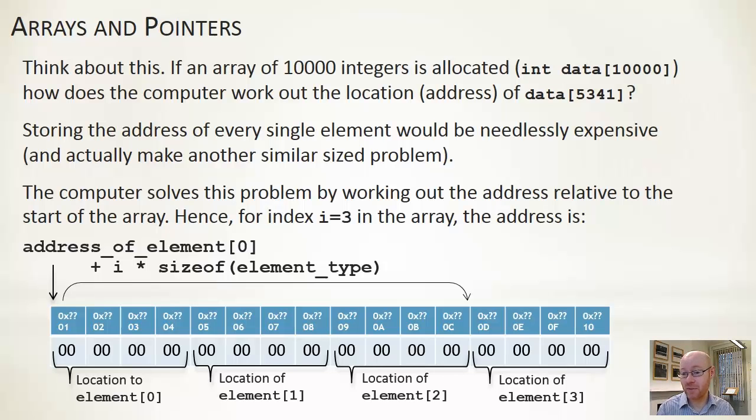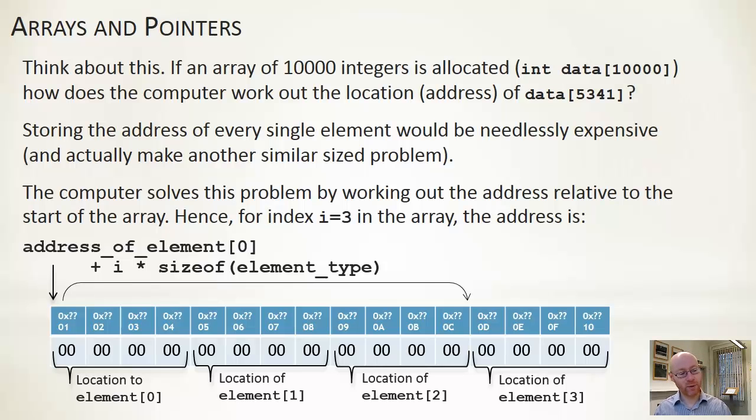Instead, what happens behind the scenes is that a calculation is performed. And this calculation works because we can assume that this data is stored in a contiguous chunk of memory. So what happens behind the scenes is that we go to the address in memory of the start of the array, and we increase this by the index times the size of each element in terms of bytes. That will give us a new address, the address in memory of the element that we were interested in.